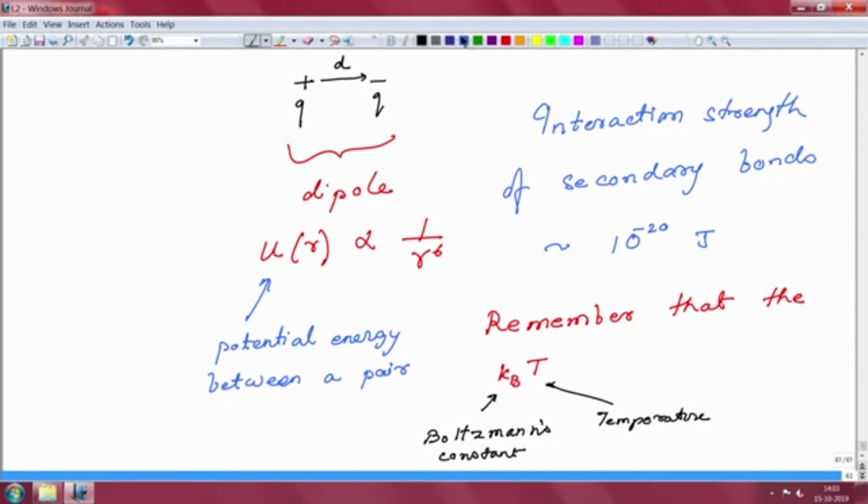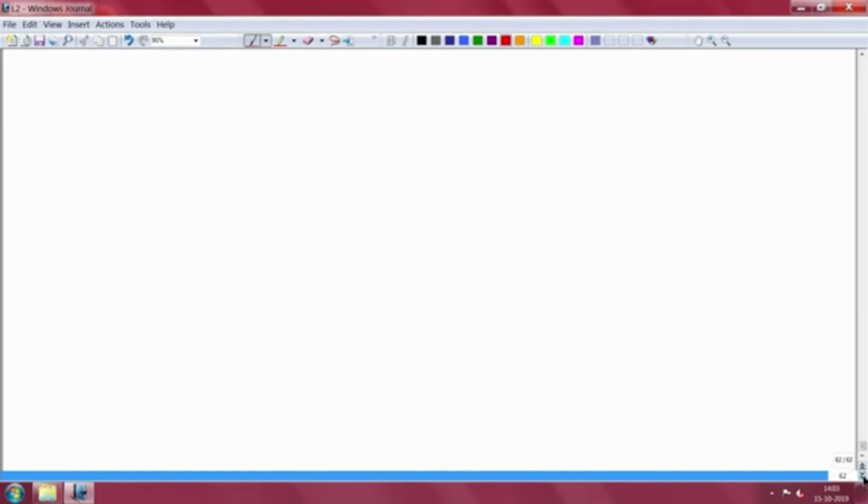This energy is usually of the order of 4 into 10 to the power minus 21 joules. So, we see that the van der Waals forces are just slightly more energetic than the kBT energy. Even this small increase over the kBT energy is enough to cause van der Waals forces to bring many different entities together into a structure.